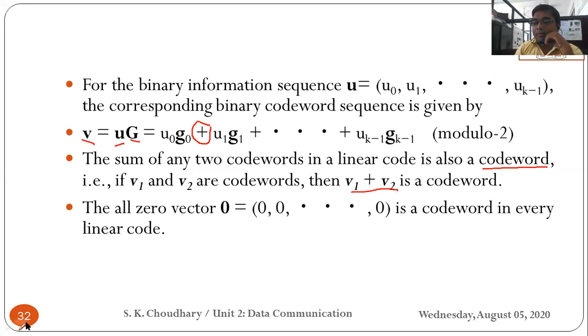The second property of LBC is that the all-zero vector is also a code word in every linear code.